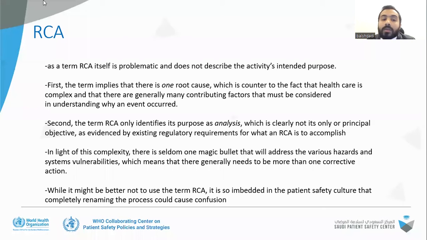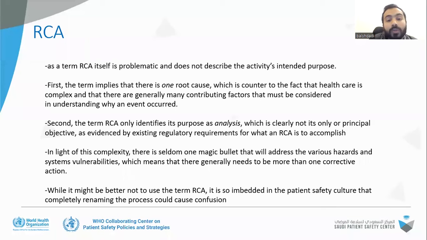Most of the people here who did an RCA before will know that in most cases, there will be more than one root cause of the problem, and many contributing factors that must be considered in understanding why an event has occurred.